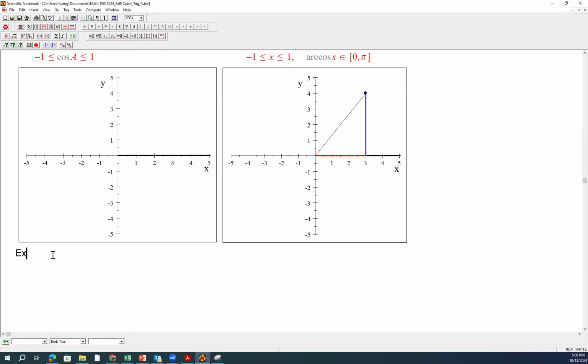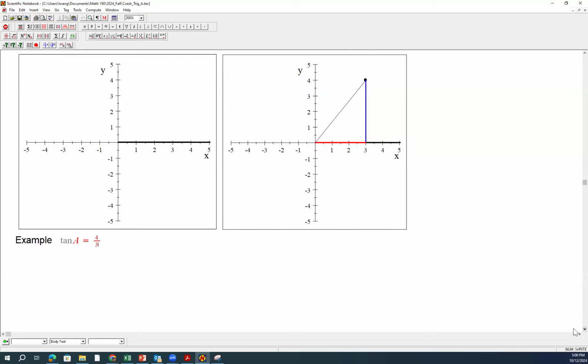So example, this will be number 3, that we know tangent of A is equal to 4 over 3. What are we going to do about this?